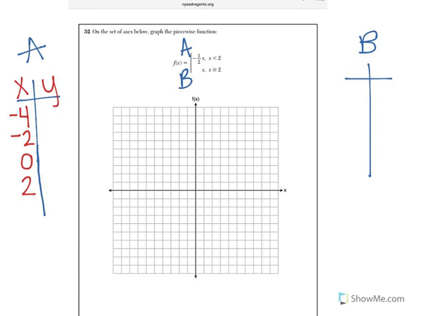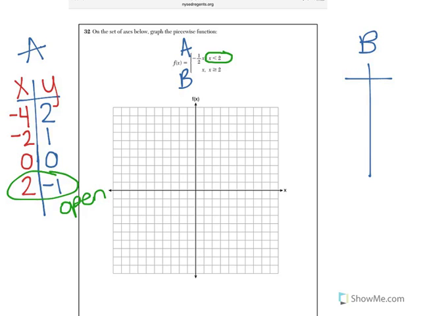Now I went to 2, but this point using 2 is important, and I might want to circle it because this is going to be an open circle. And the reason that it's open is because there is no equal to symbol underneath the inequality. So that means that my graph goes all the way up to 2, but it can't actually equal 2. So I'll fill in the rest of the table. So I've got -4, 2, -2, 1, 0, 0, and 2, -1.